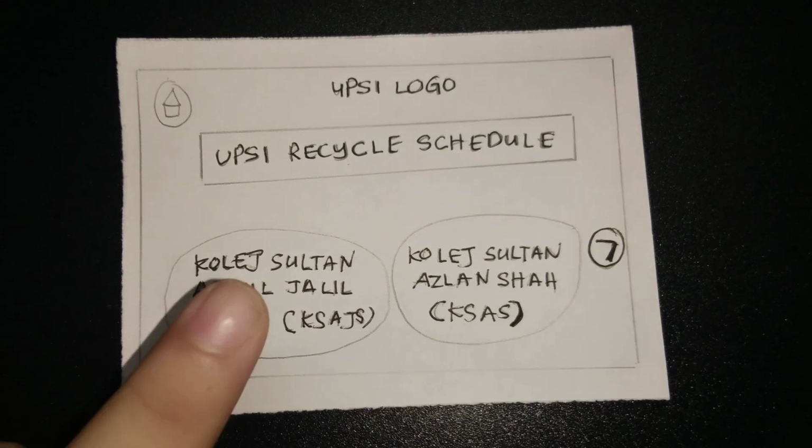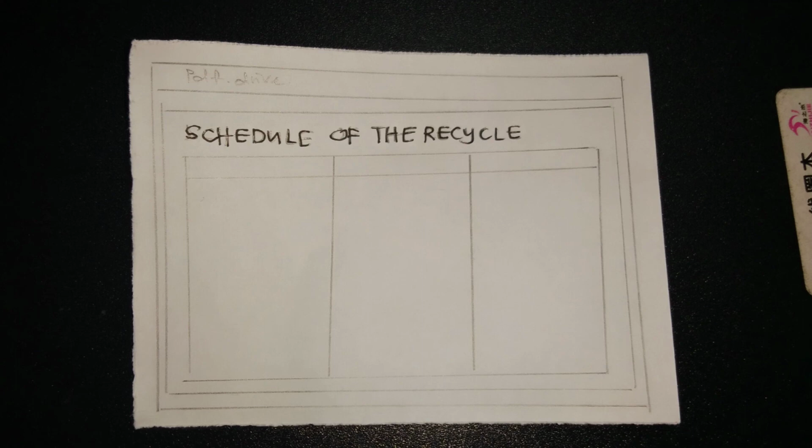For example, if the user wants to know the recycle schedule at College Sultan Abdul Jalil Shah, the user just needs to touch on the College Sultan Abdul Jalil Shah icon, and it will go directly to the Google Drive, which shows the schedule of the recycle.